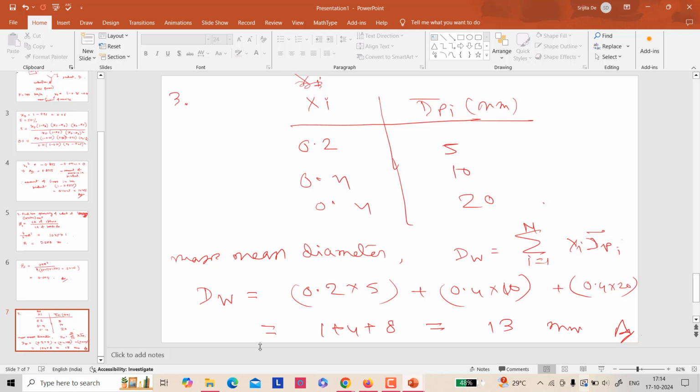I have done many problems on Rittinger's law and Kick's law, so I am not doing them here. Roll crusher and ball crusher problems are also there. If you go through my lectures, you will get those problems. That type of question only will come. Then the fluidization and terminal velocity problems are there.